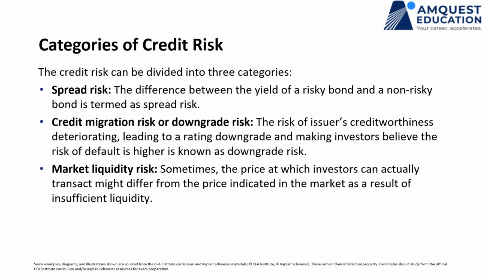In this category of credit risk, your credit risk can be bifurcated into three different elements. First is spread risk. The difference between the yield of a risky bond and a non-risky bond is termed as spread risk. So the yield on a triple C bond, a company's bond which is rated triple C, let's say is 11.5%.